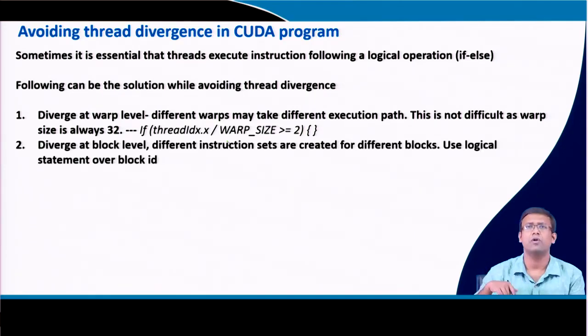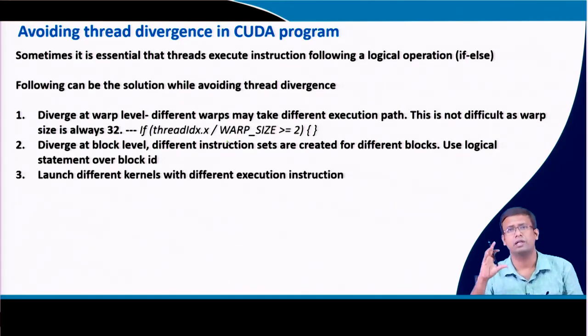You can diverge at the block level. Using block ID, some block will operate on something, and the other block will take the other execution path. Or you can launch different kernels. Identify the work, say for even threads you have to do something, write a kernel, combine them such that all the even threads now become threads of one particular kernel, renumber the threads and rearrange them.